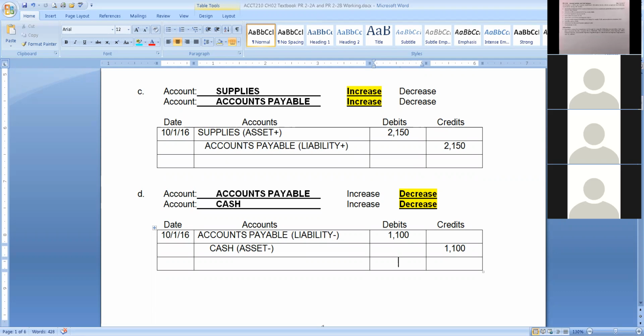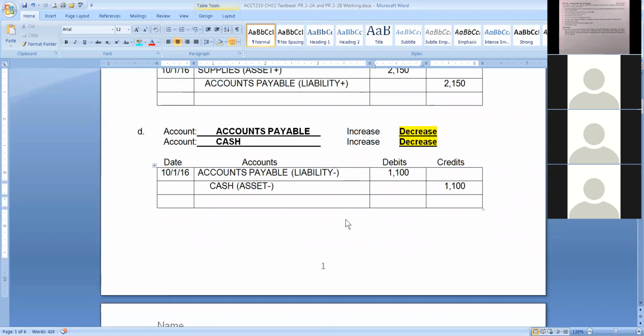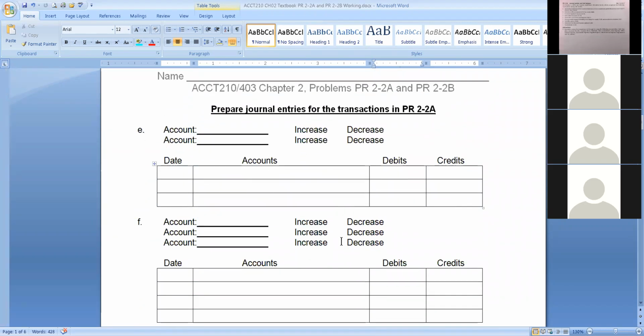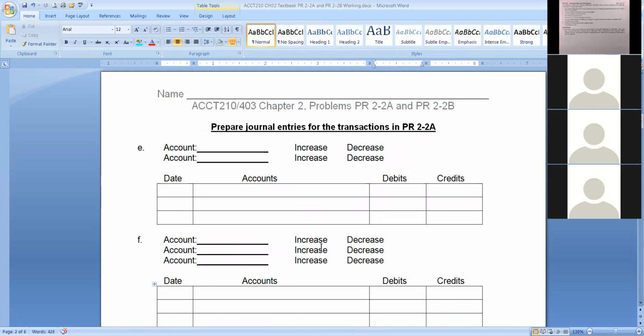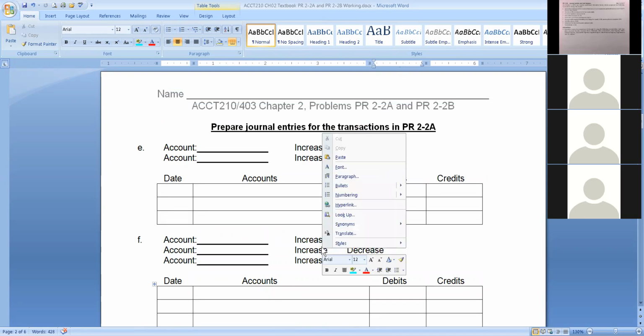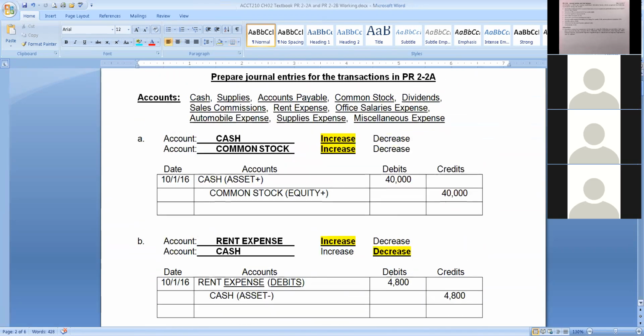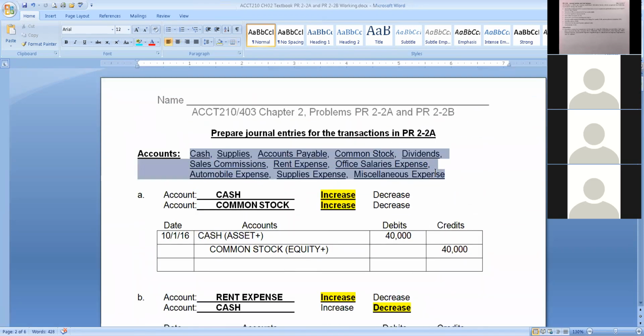Okay. Let's see. All right, E. Earned sales commission receiving cash, 18,750. All right. So what accounts are we going to use? The accounts from up here.